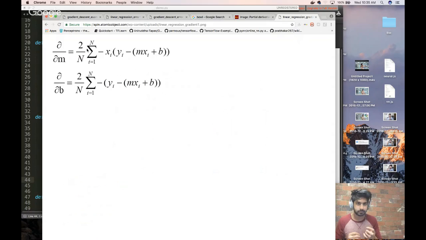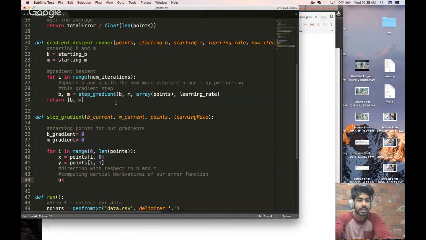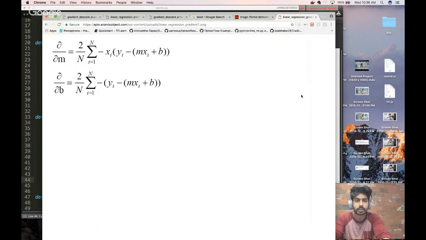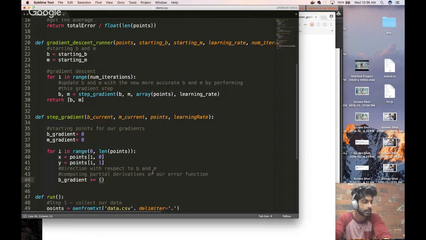The partial derivative with respect to M and B is going to look like this. Let's write this out. It's going to give us two values. The B gradient is going to be plus equals, and then what was it? Let me look at the equation again. Negative 2 over n, and then it was y minus.